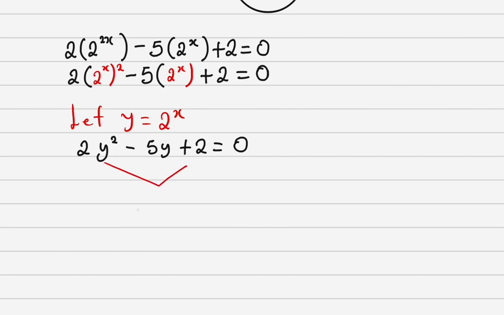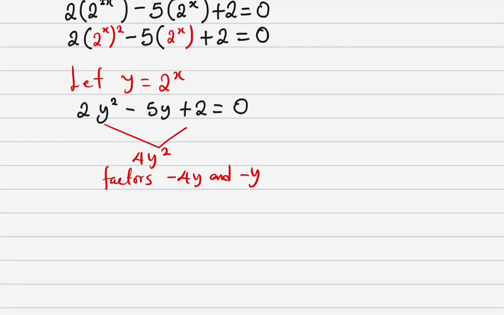Remember, we multiply the first and last terms, so that I'm going to have 4y squared. So I will look for the factors of 4y squared that will sum to give me minus 5y. So the factors will be minus 4y and minus y.